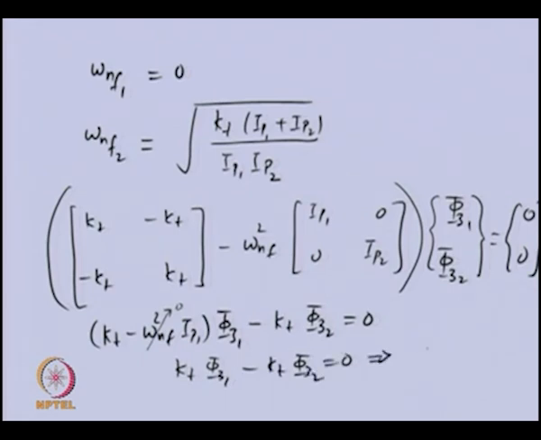This gives us that when the system is oscillating at 0 frequency, their displacements must be equal, and we can now make out that when both the discs are having the same displacement, the shaft will not be having any twist, and so we call this the rigid body mode.